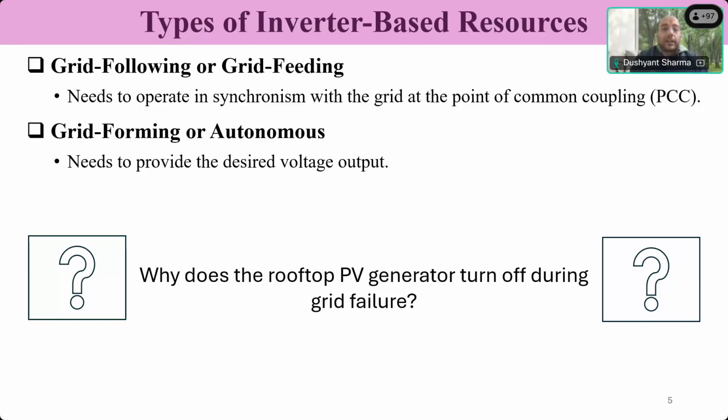We call it an infinite grid. The generator that I have at my home is usually a small generator, for example a single phase battery inverter. Now think about this: a small entity cannot change an infinite system, a thing which is very large and very strong. So the voltage will still remain 230 volts.